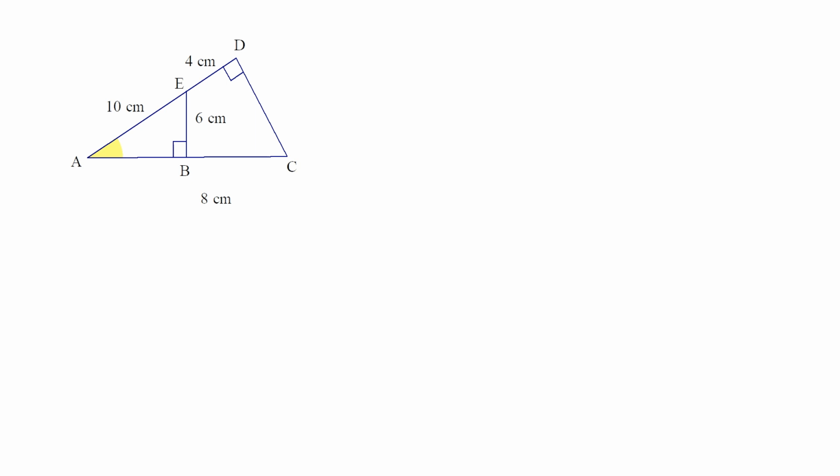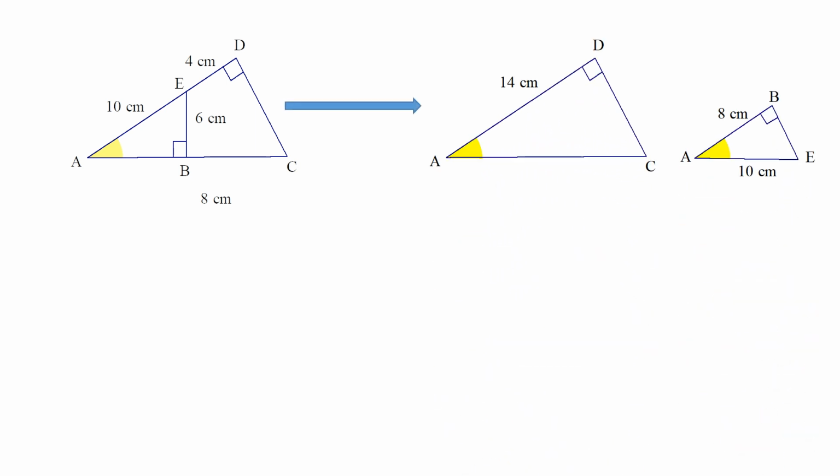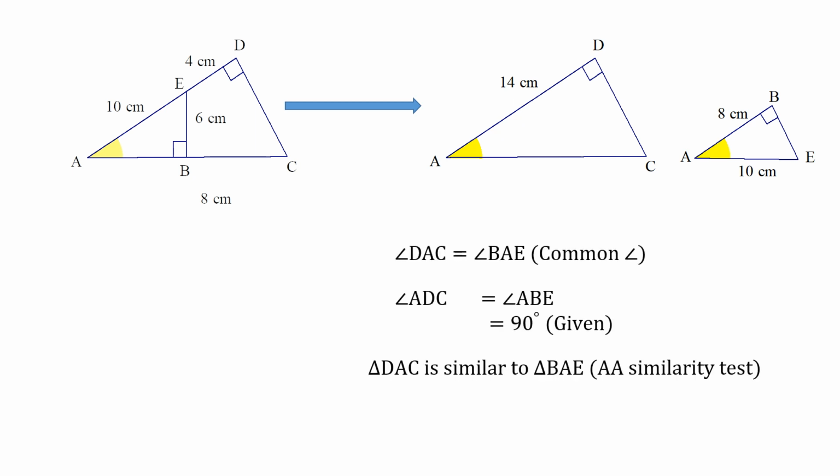Okay, right, so using the same skill we've learned just now, we split it into two similar triangles, a big one and a small one. Fill in the information, and then you can write the statement. So from there we can see that angle DAC is equal to angle BAE because they are common angles, and then angle ADC equals angle ABE equals 90 degrees because it's given in the diagram.